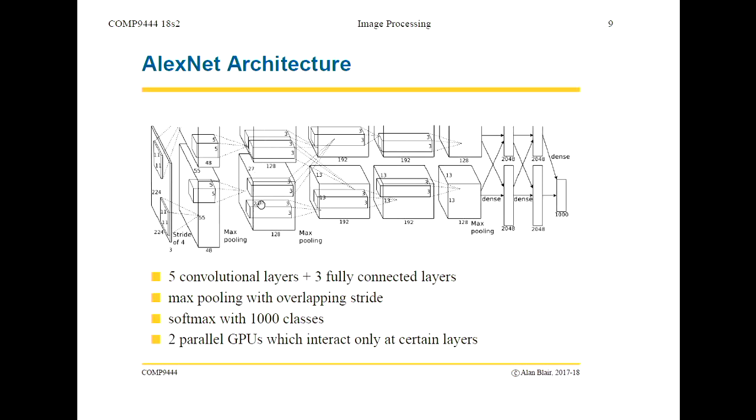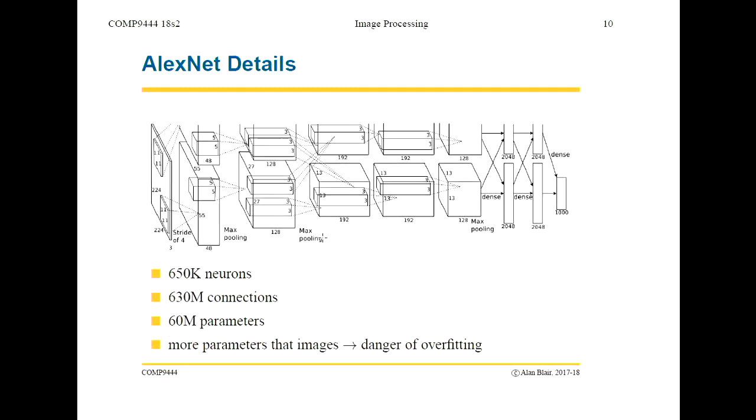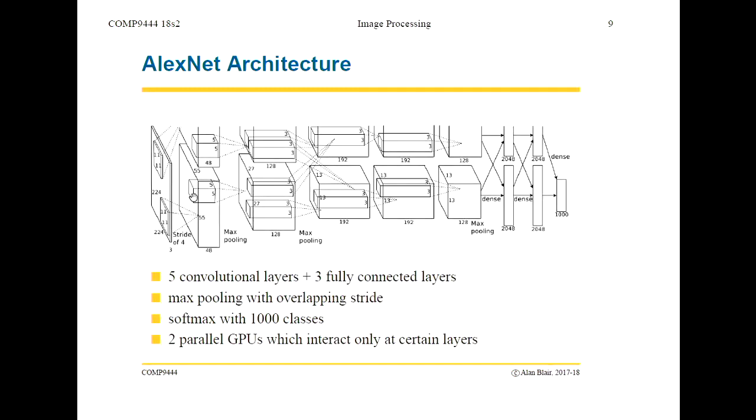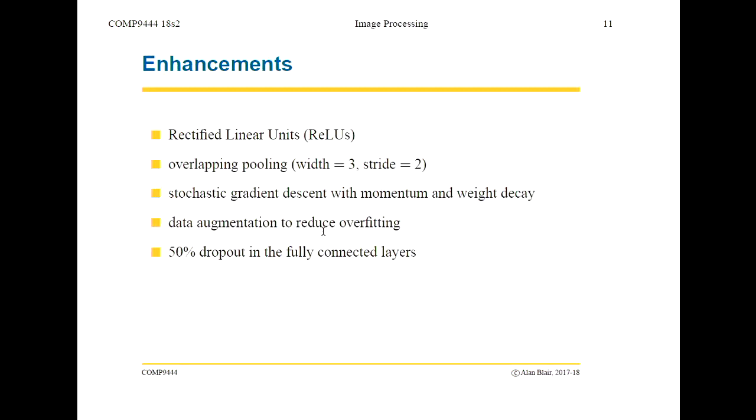In the details, they split it up on two different GPUs, and they tried to do it in a way that the two GPUs didn't have to interact too much, so they only interacted at certain layers, which are indicated by these dotted lines.